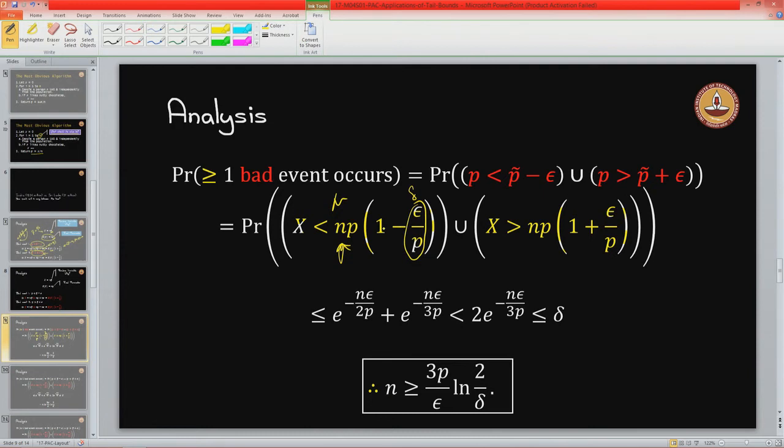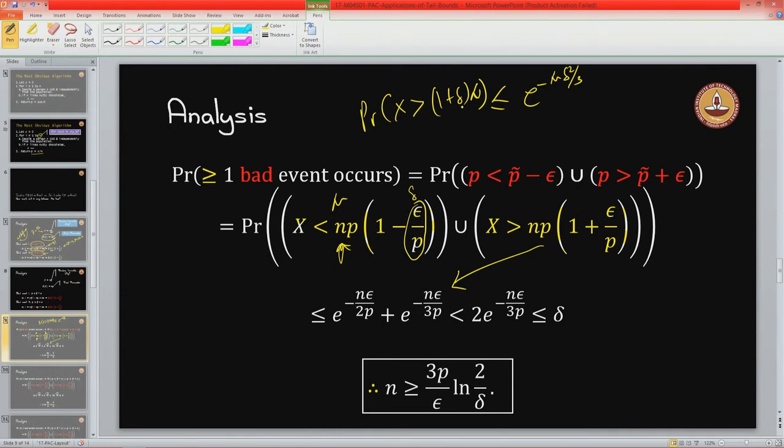So then if you recall the Chernoff bound, what does it say? Probability x greater than 1 plus delta times mu is less than or equal to e to the minus mu delta square by 3. If you recall, this was one Chernoff bound, and that's what is showing up over here, for instance.